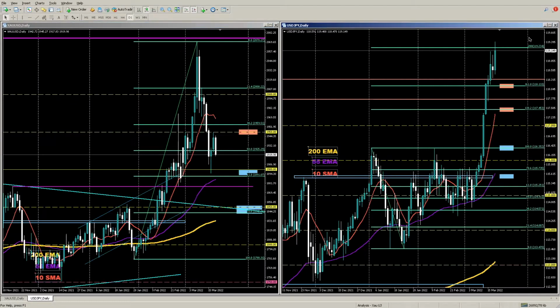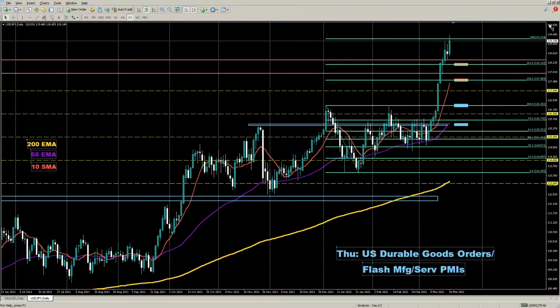Let's move on to the dollar yen, where you can see a very strong bullish trend up since the break of this horizontal resistance, and it was an ascending triangle for quite a while.